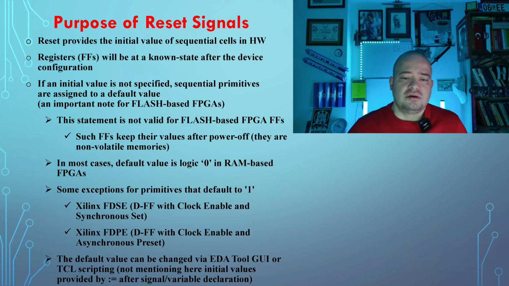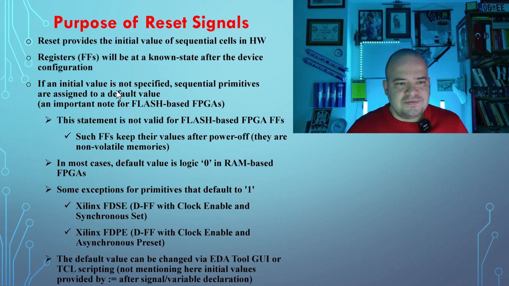So in order to get that value once again, you need to reconfigure your device. I mean, you need to load your bit stream once again. Otherwise, you cannot control those values without using such a reset approach we are discussing right now.